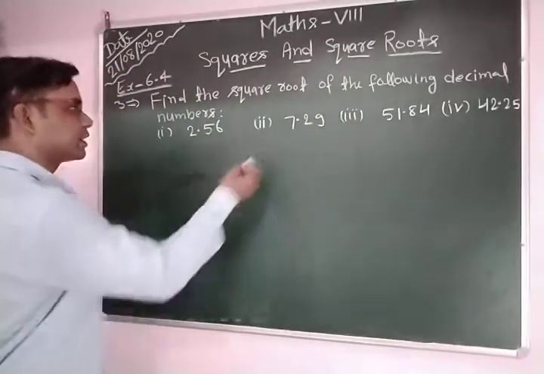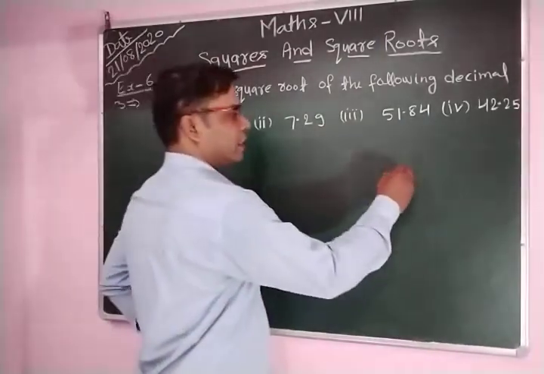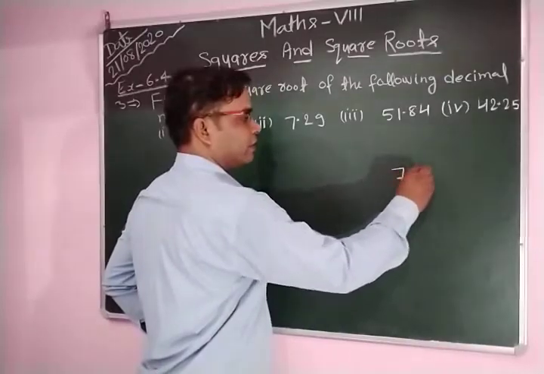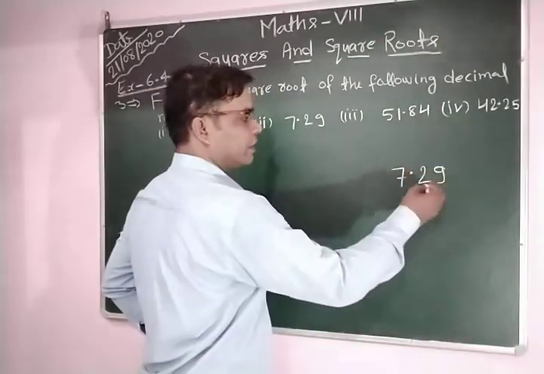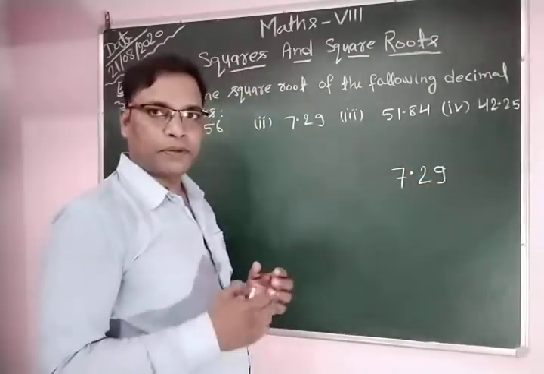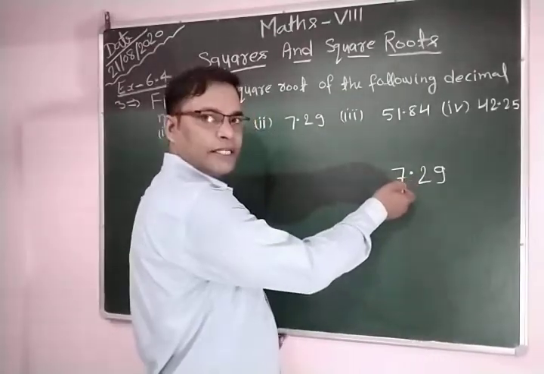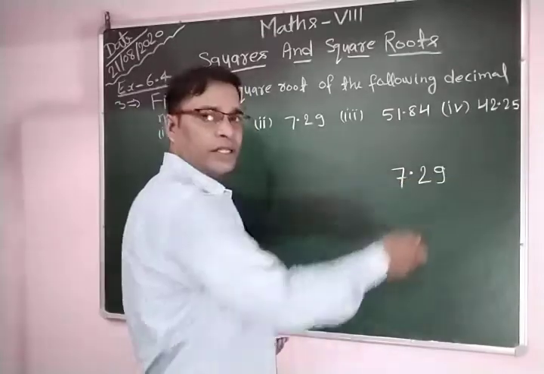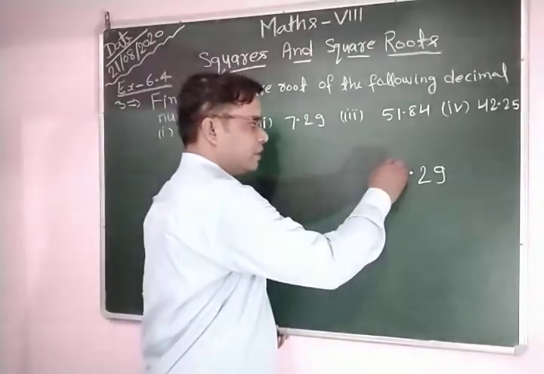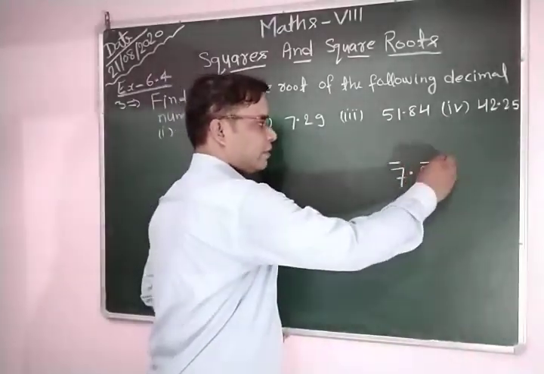This is the second part. The given number is 7.29. First you put bars over the number. So you can see here this is the integral part and this is the decimal part. So here a bar over the 7 and this is a bar over the 29.